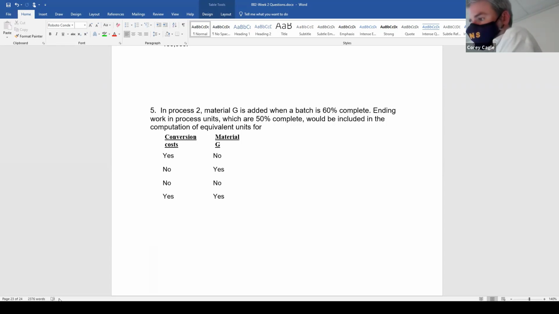Because they're not 60% complete. So ending work in process units, which are 50% complete, would be included in the computation of equivalent units for material G? No, hadn't hit it yet. Conversion costs? Yeah, conversion's computed along the way. One of our assumptions in process costing is conversion is incurred equally throughout. So as you start working, conversion's incurred as you go. So yes on conversion, no on material G. Easy question.